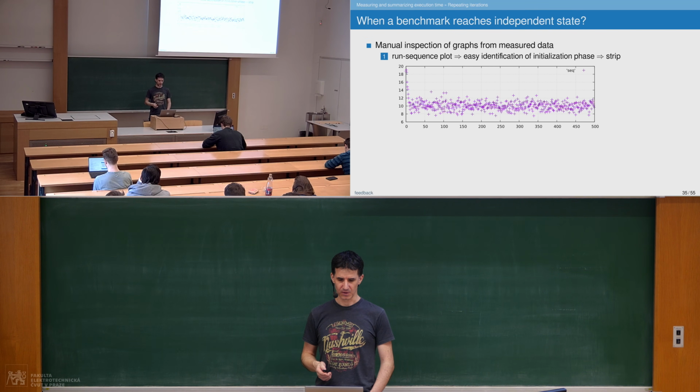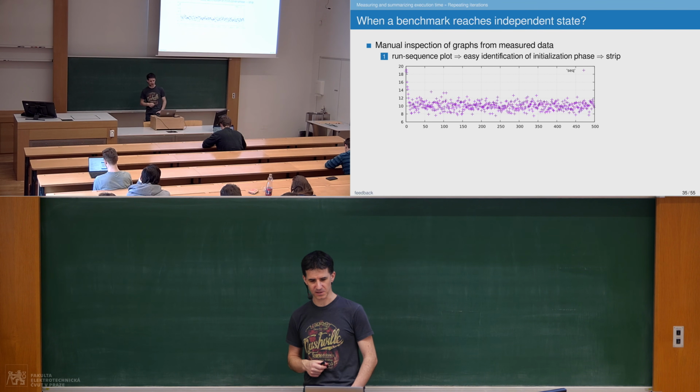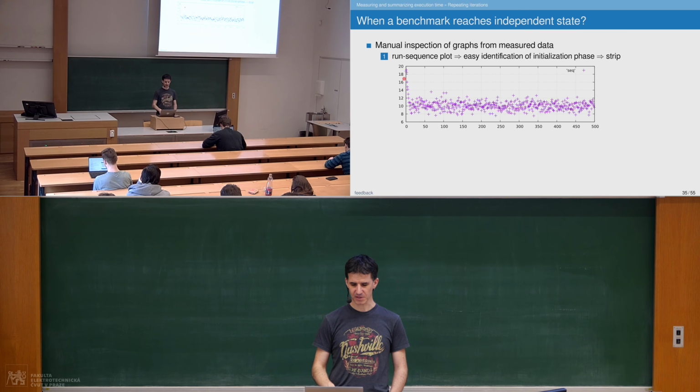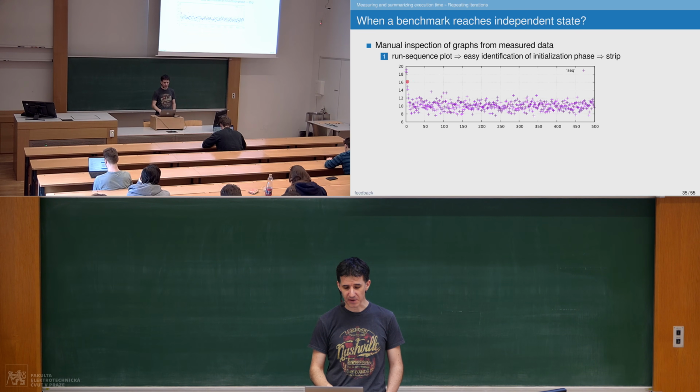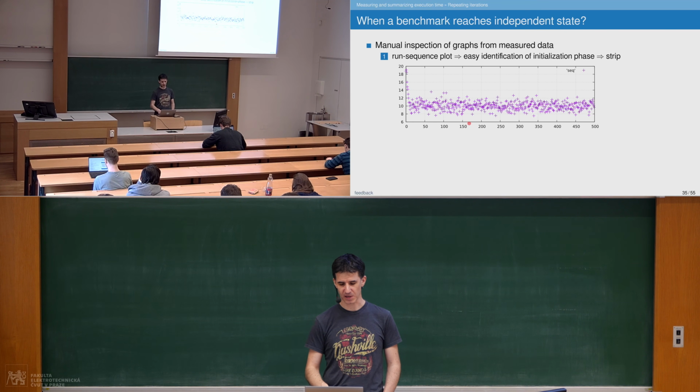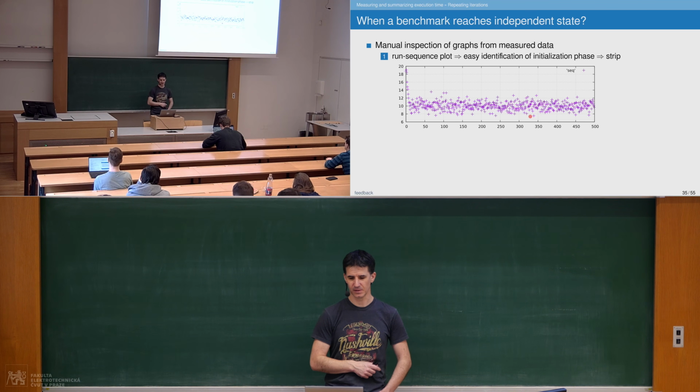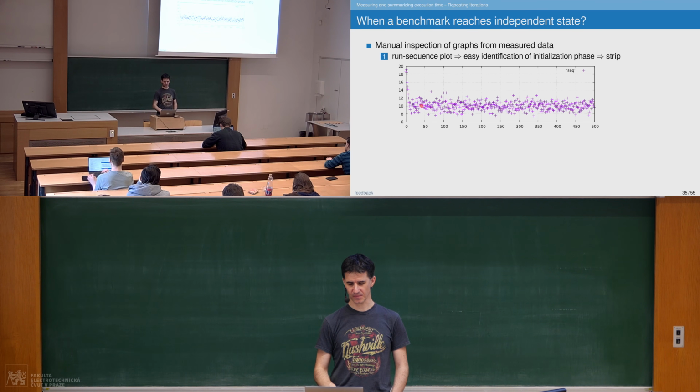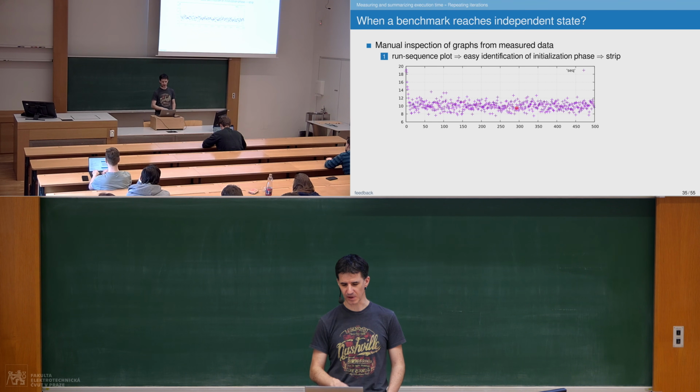This can be seen in this graph. These are some measurements, and you can see that at the beginning there are some higher numbers, and then it looks like the numbers are more or less random, and there are no significant outliers.